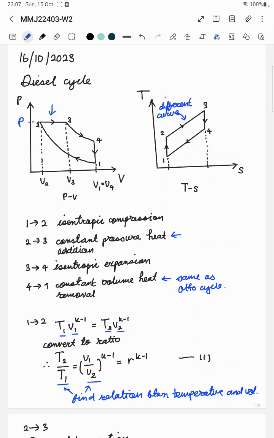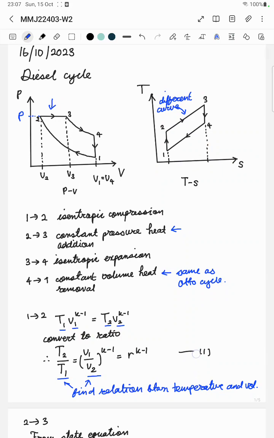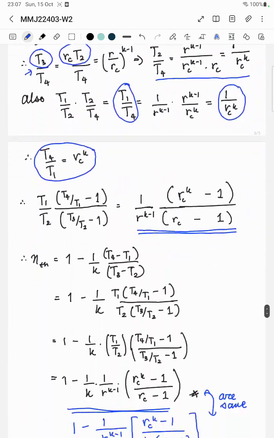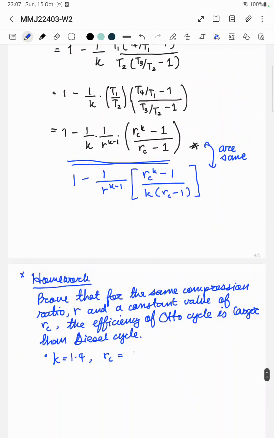Let's go with rc equal to 1/4 of the compression ratio. So this is the homework I'll be expecting to collect from you this Friday.